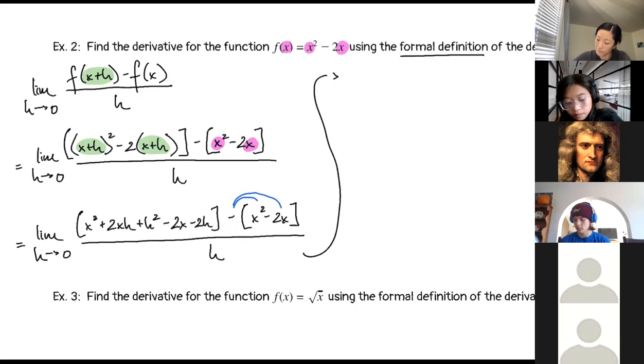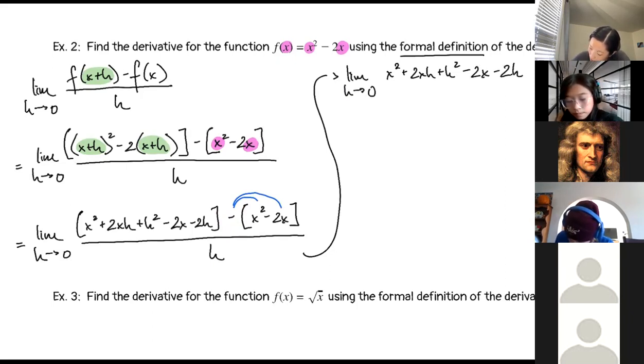Okay. So our next line, the limit as h approaches 0, we have x squared plus 2xh plus h squared minus 2x minus 2h. And now we have that pink part, minus x squared plus 2x all over h.